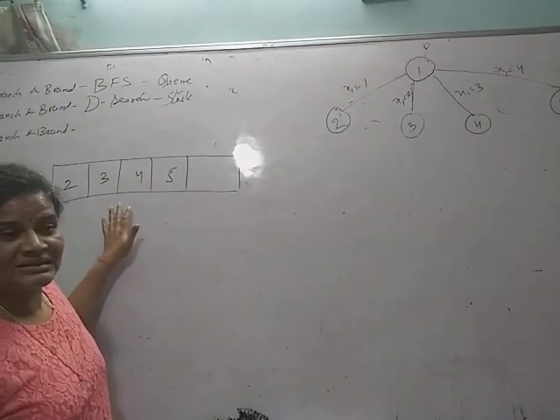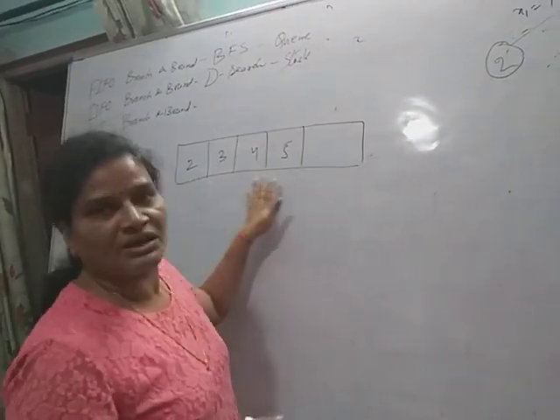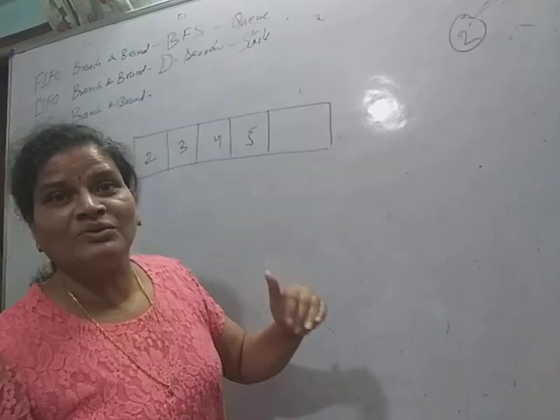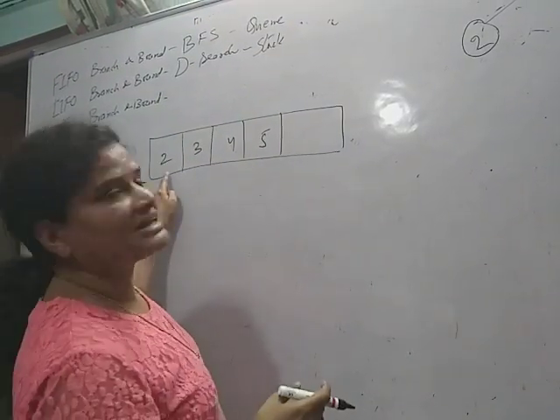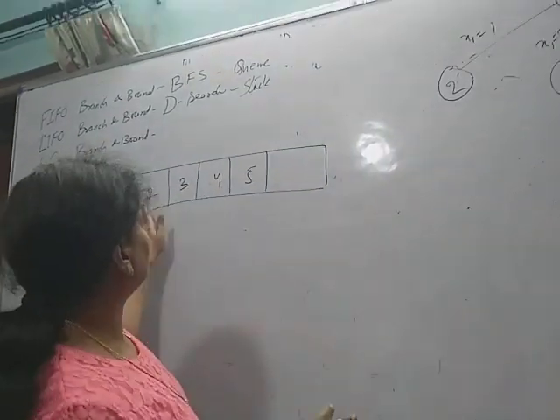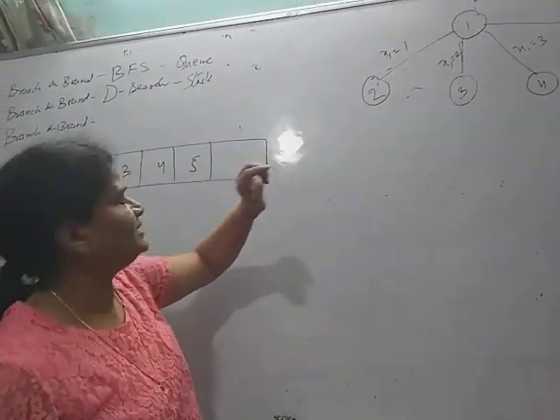Now I have the list of live nodes which is placed into the queue. Now what next live node will become E node? This is the first live node, so 2 will be removed and 2 will become the E node.